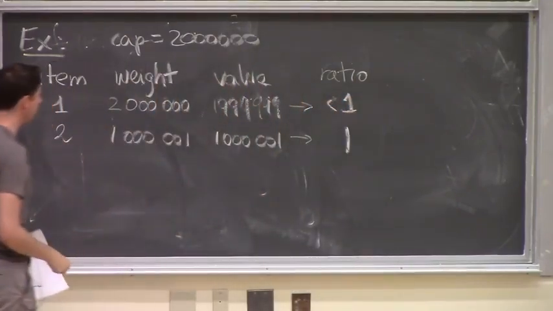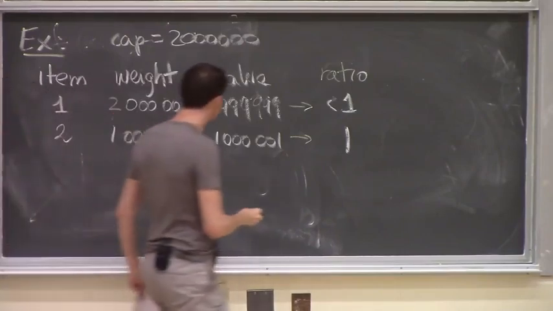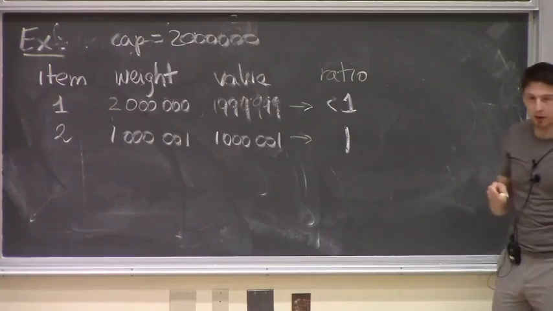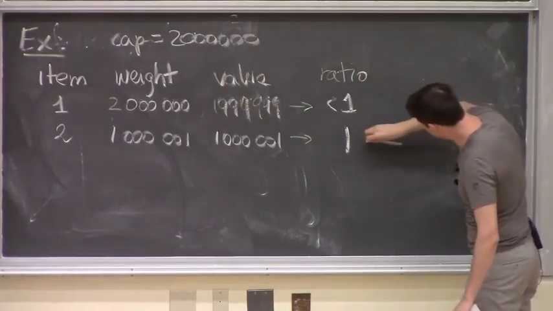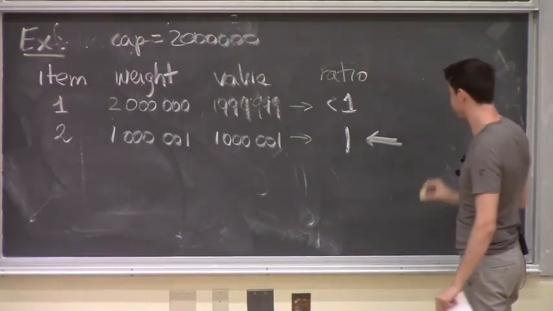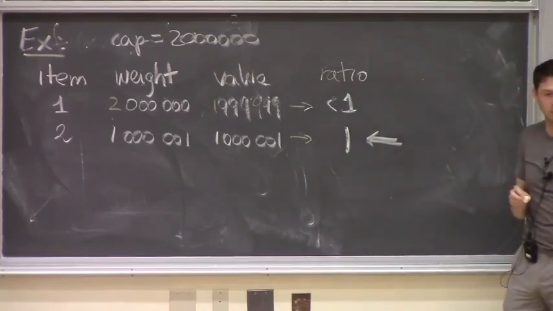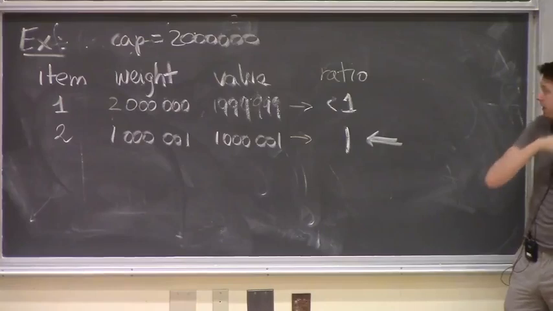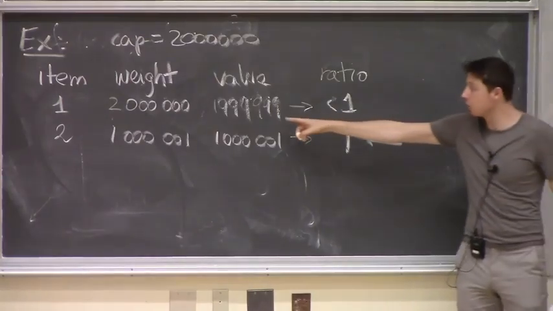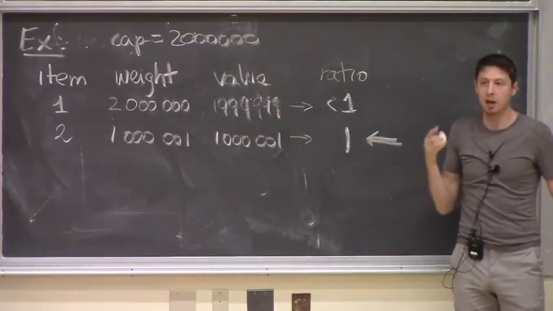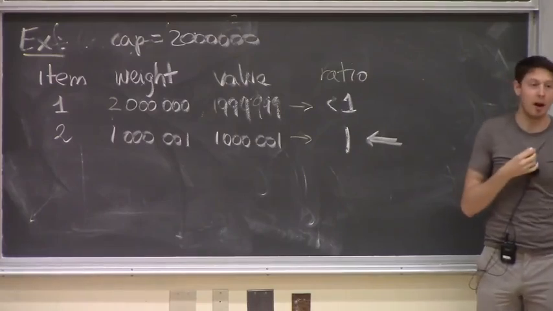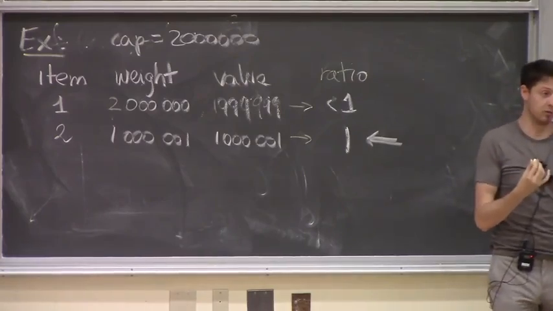So according to the ratio of value over weight, we would pick this one. Is that a good choice? No, it's not a good choice. It would have been better to pick the first one. How much better is the upper choice? A lot, right? We're off by a factor of 2.